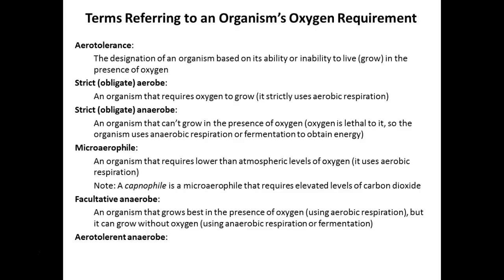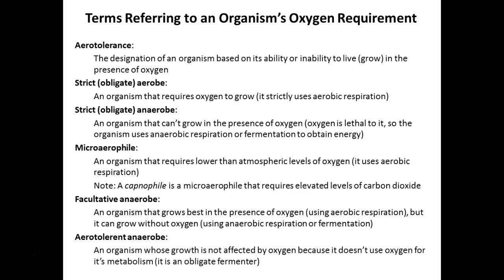Most of them are fermenters, which doesn't require oxygen. But if oxygen's present, will it kill them? No. Aerotolerant implies that they can tolerate oxygen. But do they use it? No. So their growth pattern isn't affected by the presence of oxygen, unlike your facultative anaerobes, where their growth will increase in the presence of oxygen.